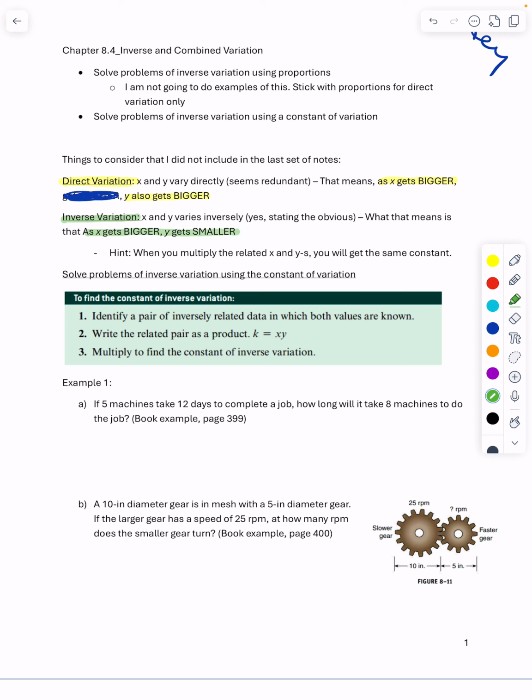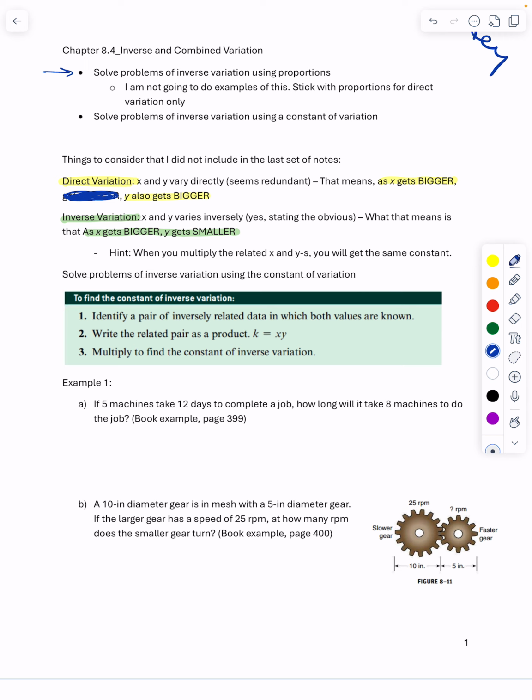Now, up top, we have two different objectives. It says solve problems of inverse variation using proportions. I am not going to use proportions to solve these. Proportions, in my mind, make more sense with direct variation. I am going to solve everything using that second objective, the constant of variation.